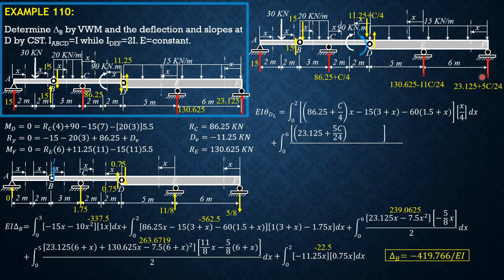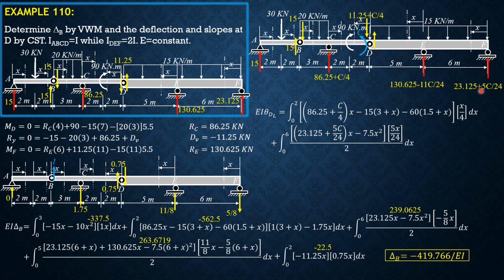Plus integral from 0 to 6 of 23.125 plus 5c over 24 times x minus 7.5 x squared divided by 2. Then derivative is 5x over 24 dx.